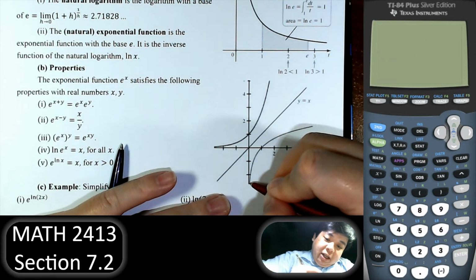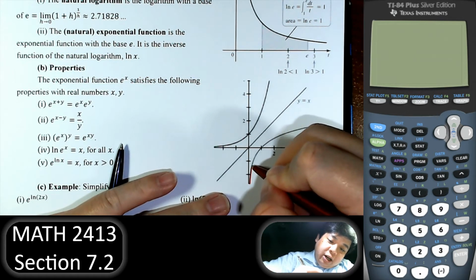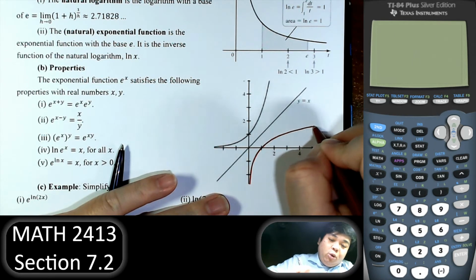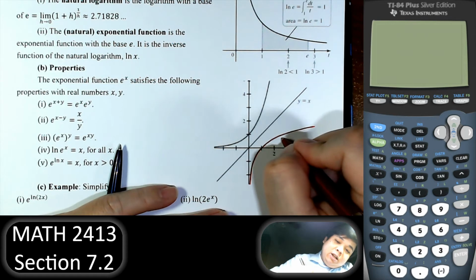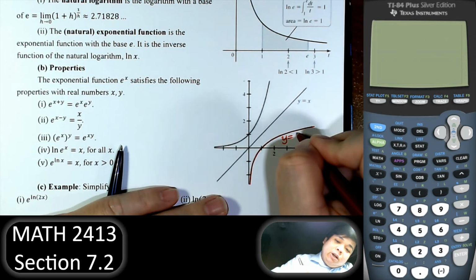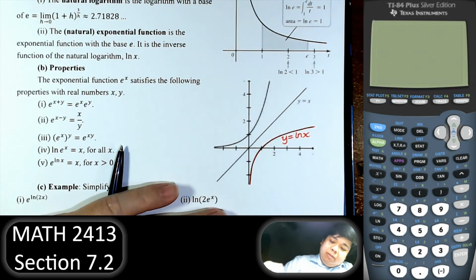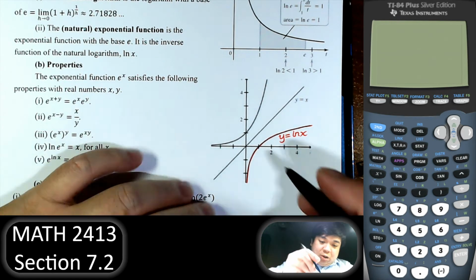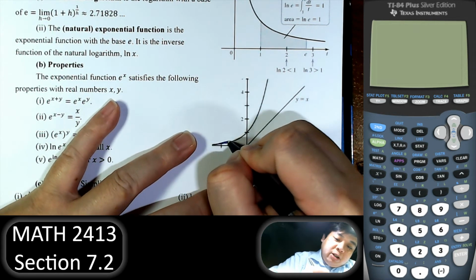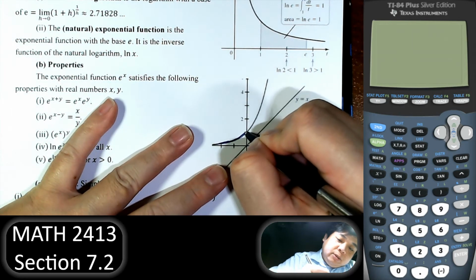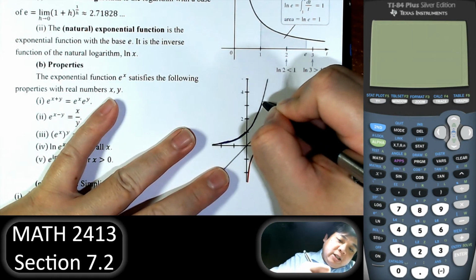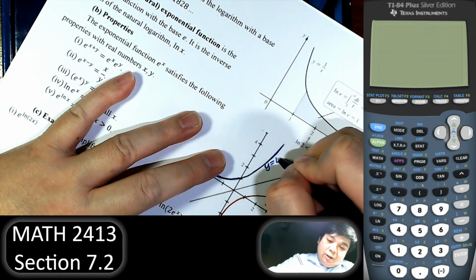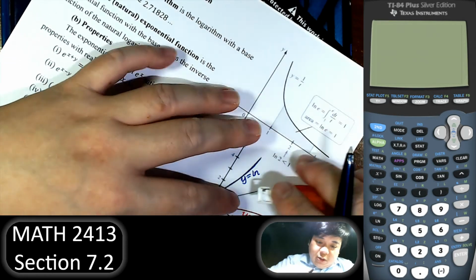And we have the property that the exponential function and the logarithmic function, since they are inverses of each other, have graphs that are symmetric about the line y equals x. So this is the graph of y equals ln of x. It will be symmetric with the graph of the exponential function, e to the x.